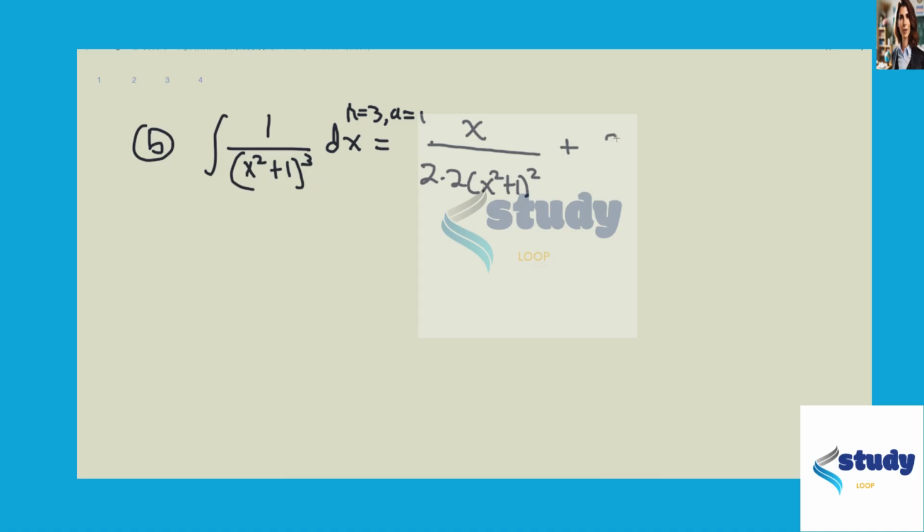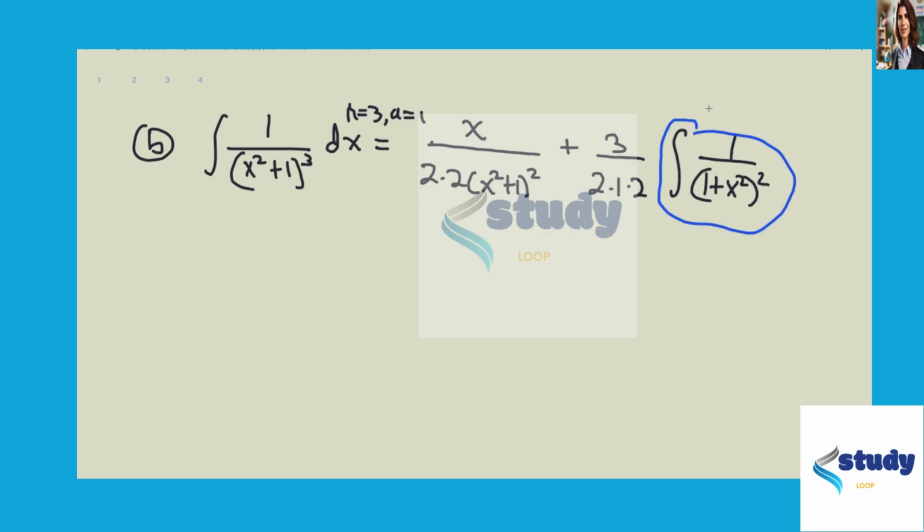And then the second fraction, 2 times 1 times 2, 1 over 1 plus x squared squared. But notice this integral that just popped out, that's the integral we just evaluated on the last page. So here, we'll just plug in our answer from the previous part of part B.